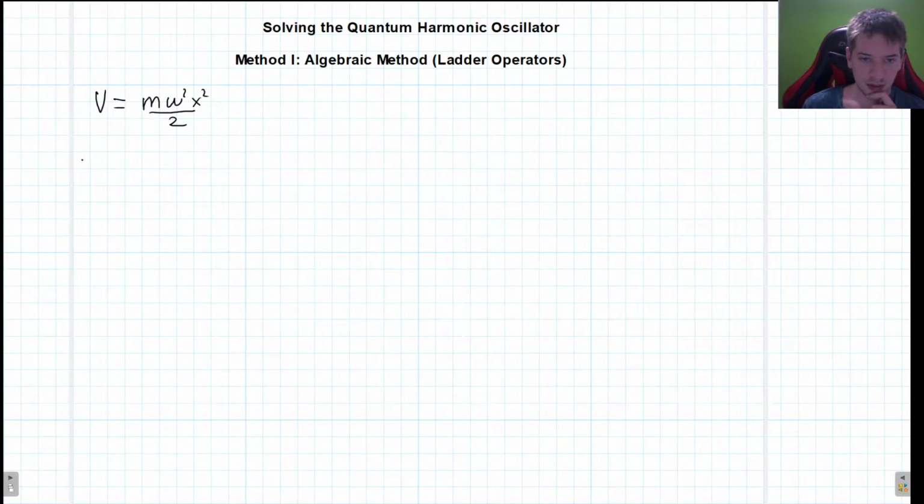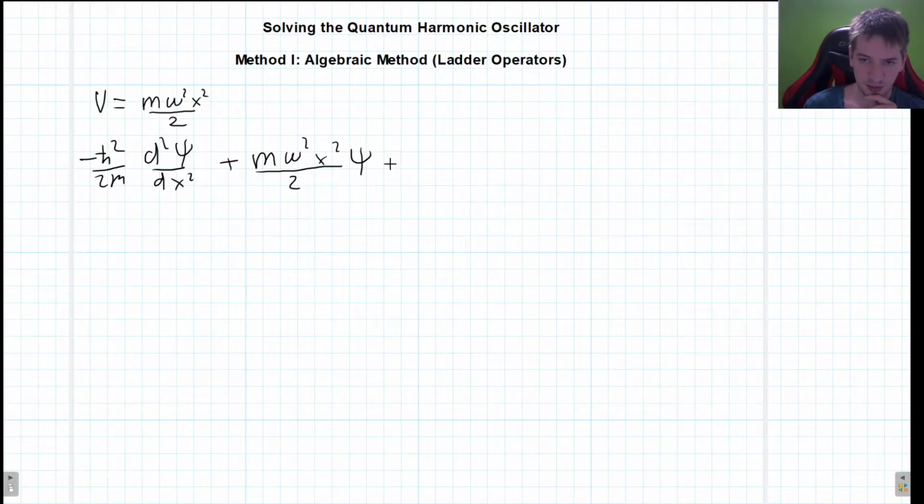So let me now write the Schrödinger equation. It's just the familiar form that I hope you remember. Now instead of the potential V, we write down the potential of the quantum harmonic oscillator, m omega squared x squared divided by 2, times the wave function.